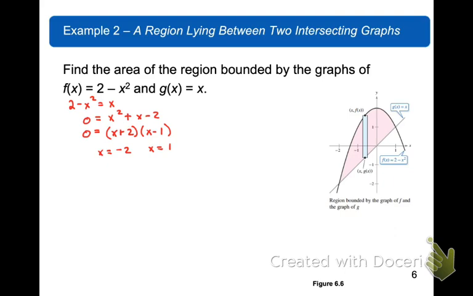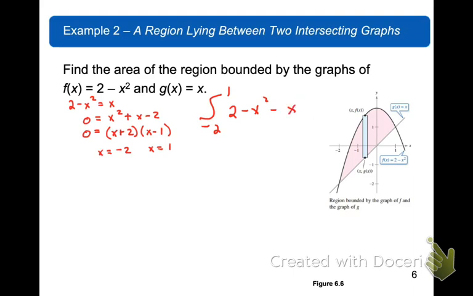To find the area between these curves, I'm going to take the integral from -2 to 1 of my upper curve, which is the parabola 2 minus x squared, minus the lower function. Now you have to be careful here: minus the entire function. In this case, it's just simply x. But if it had been minus a binomial or trinomial, you need to make sure you distribute that negative through the function.